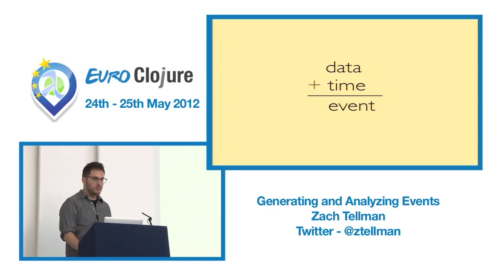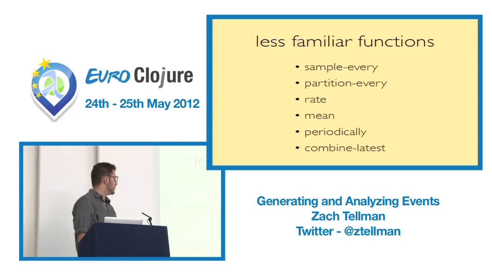And so there are a lot of other functions in Lamina which are less familiar. We have sample-every, which at a fixed interval will emit the most recent message that it saw. There is partition-every, which at fixed intervals will emit a list of all messages that it's seen. There's a function that will give you the rate of messages passing through it, a function that will give you the mean value of numbers passing through it.